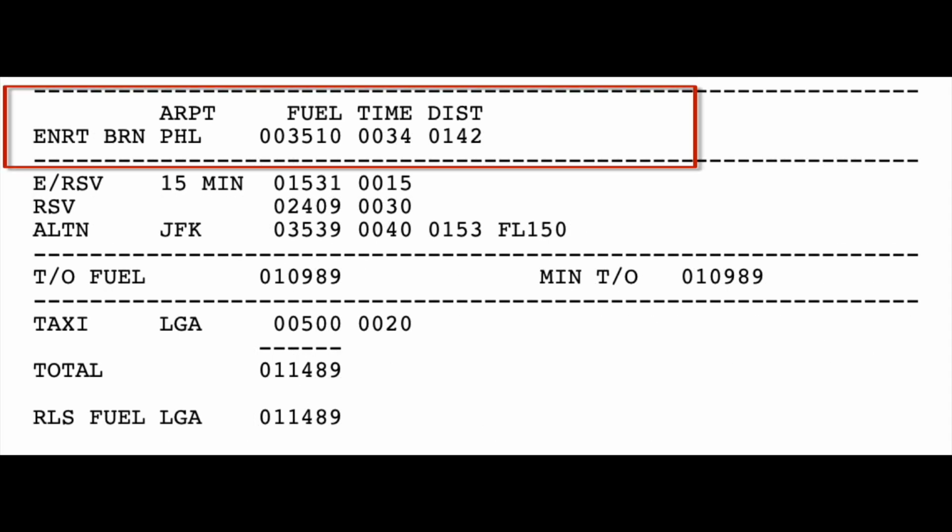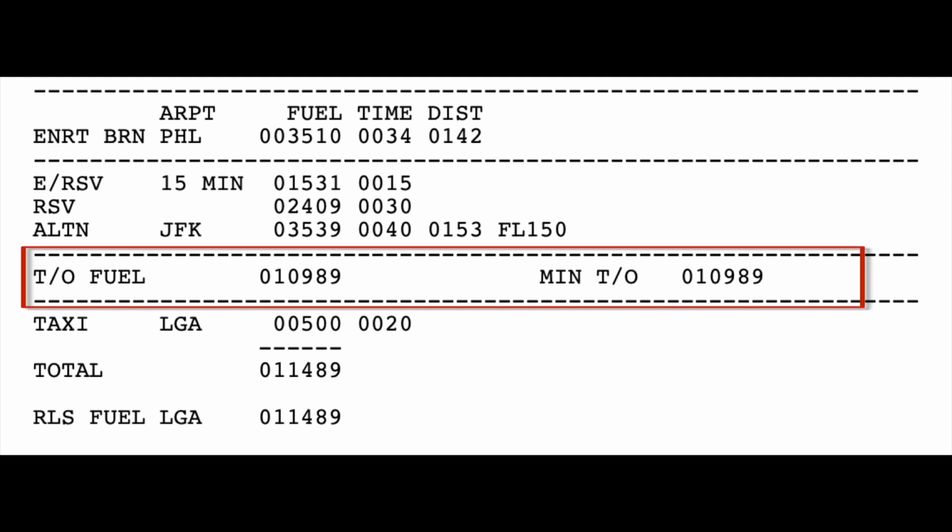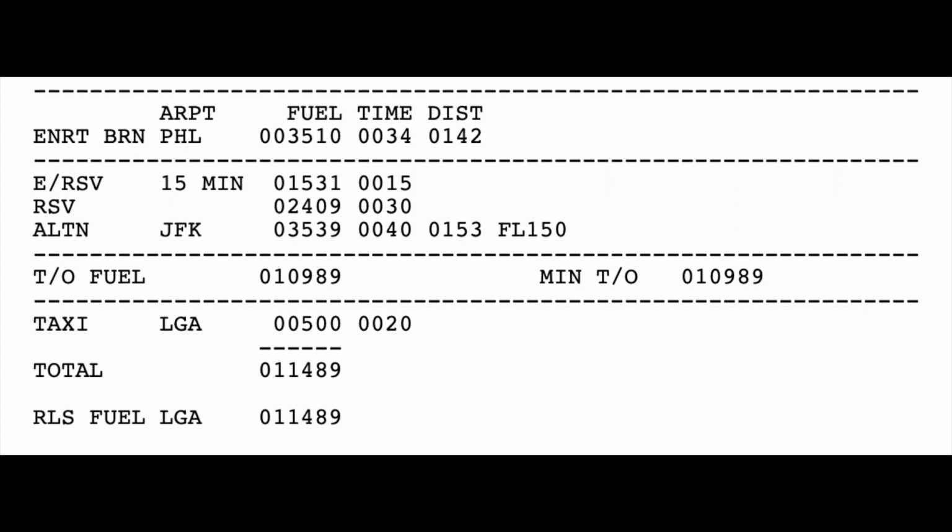Scrolling down to the fuel section, we can see the en route fuel burn is 3,510 pounds, the flight will take 34 minutes, and is a distance of 142 miles. The minimum takeoff fuel is 10,989 pounds, which is the en route burn added to the reserve and alternate fuel. 500 pounds of fuel has been added for taxiing prior to takeoff in LaGuardia.